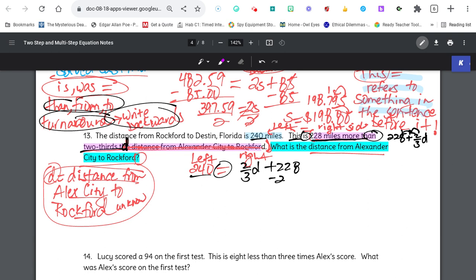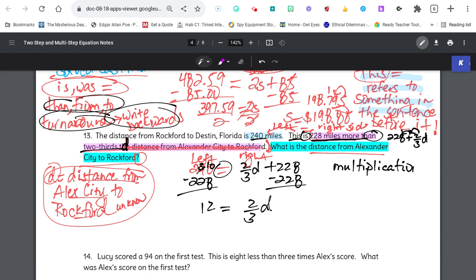All right, I'm going to subtract 228 from both sides. It's 12 equals 2/3 D. Now, normally when things are mashed together, it represents multiplication. And if it represents multiplication, we normally use division to undo it.